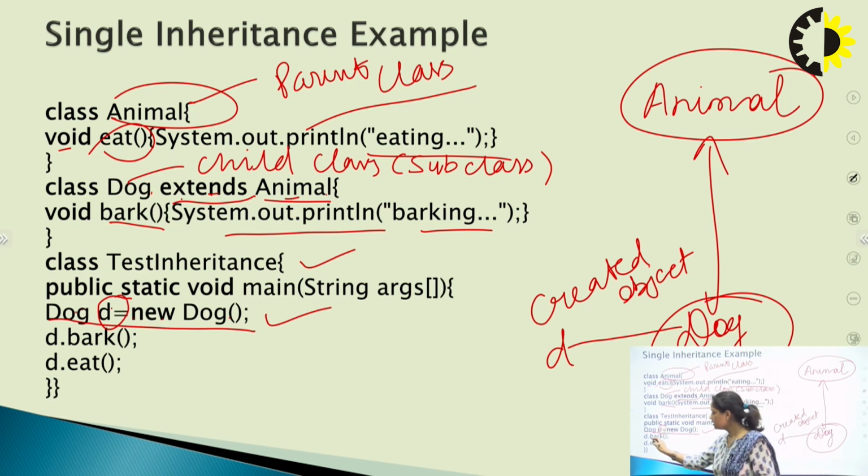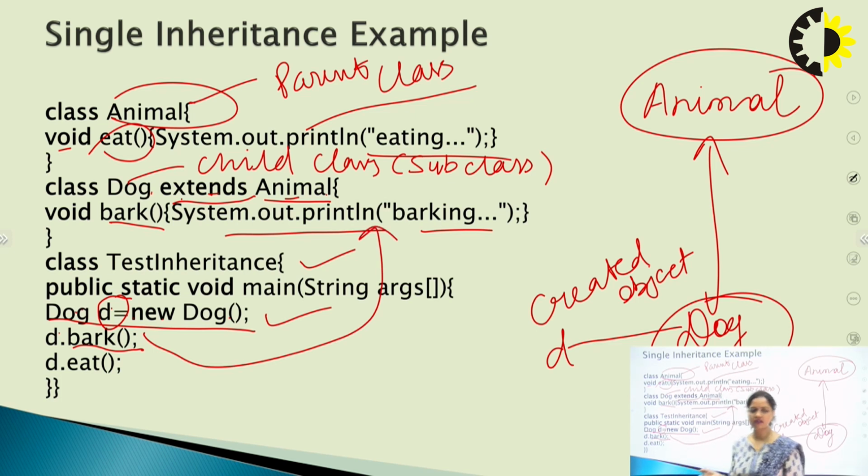Now here d is invoking the bark method, and the bark method belongs to its own class. That's the normal object-oriented feature in Java, that a class object is capable of invoking all the methods and variables of that particular class. But here we have an eat method also. Eat belongs to the Animal class, which is the parent class of this.